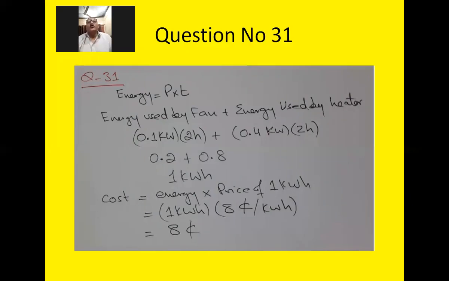The energy used by the heater is 0.4 kilowatt multiplied by 2 hours, so you will have 0.8 kilowatt hour. So 0.2 plus 0.8 is 1 kilowatt hour. The cost of energy is equal to energy multiplied by the price of 1 kilowatt hour. So 1 kilowatt hour multiplied by 8 cents per kilowatt hour is 8 cents. The bill will be 8 cents.